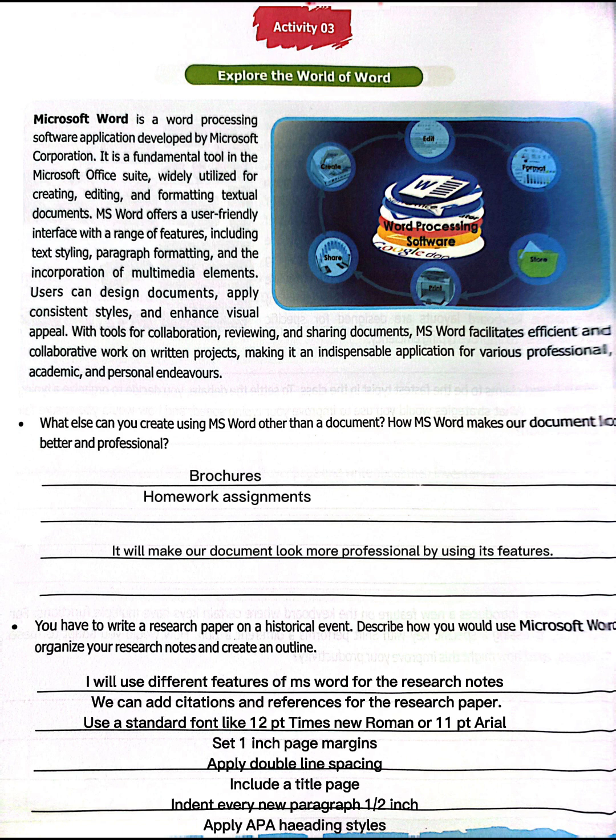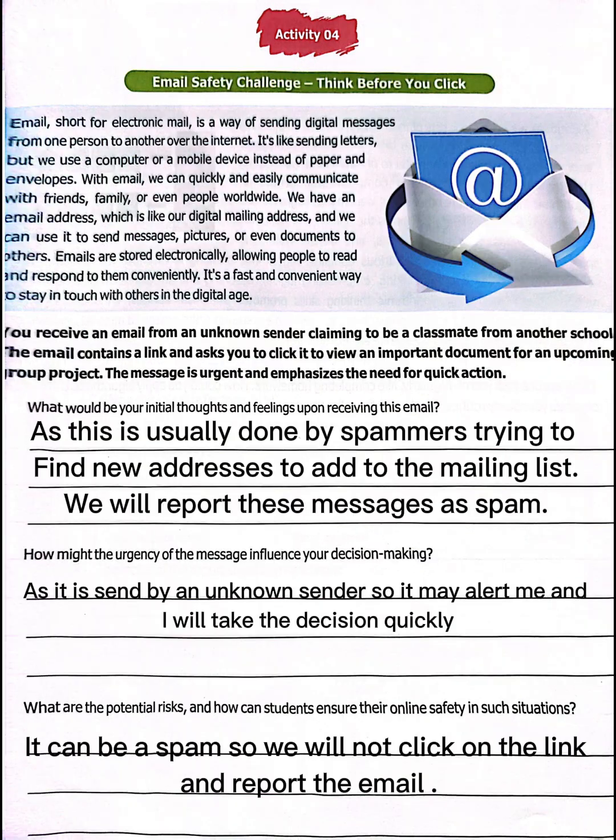Citations is the term we use to apply different styles in our research paper, and we do this by using a standard font like 12 pt Times New Roman or 11 pt Arial. Set 1-inch page margins, apply double line spacing, include title pages and indent every new paragraph by 1.5 inch, and apply APA heading styles. In this way we will create our research paper by using MS Word.